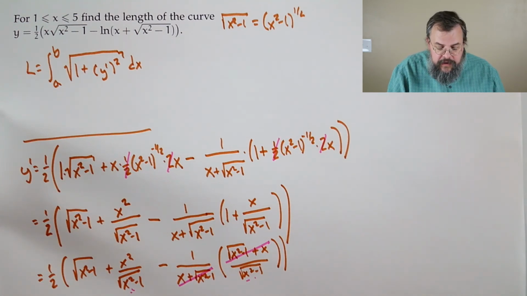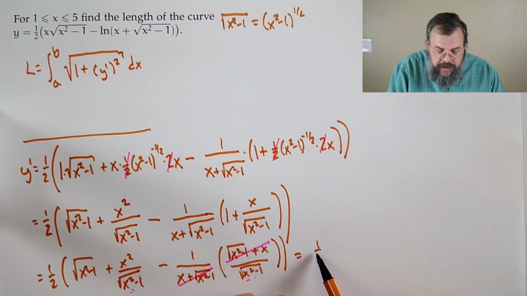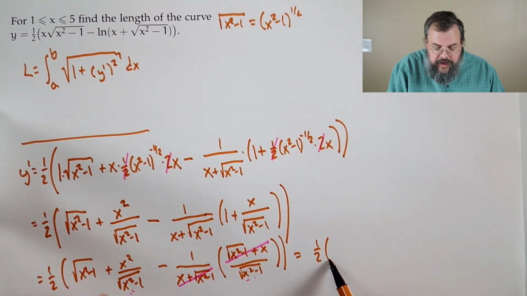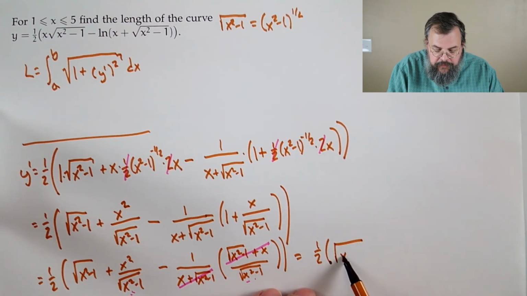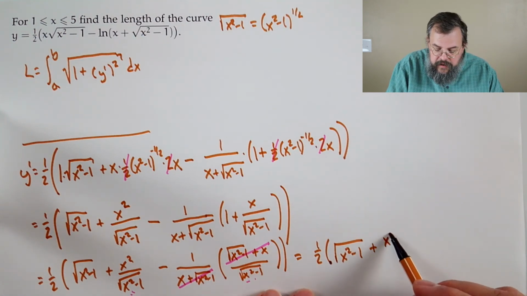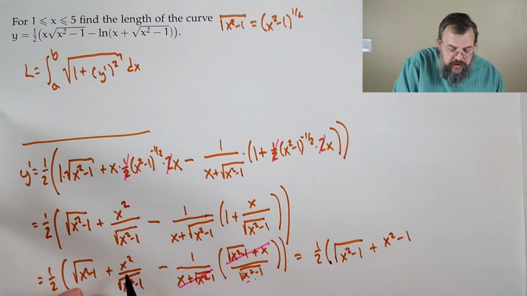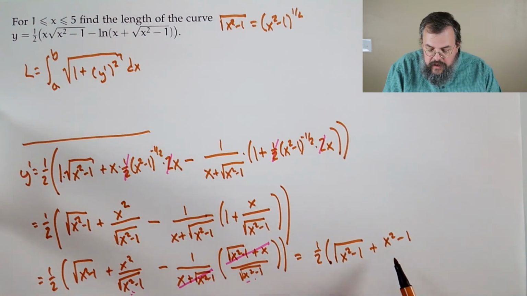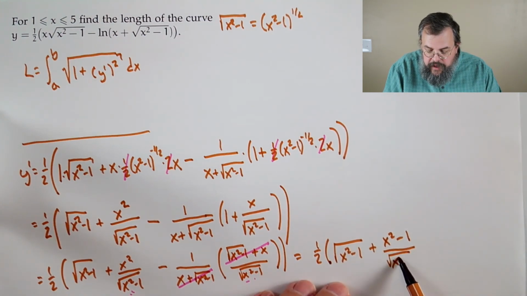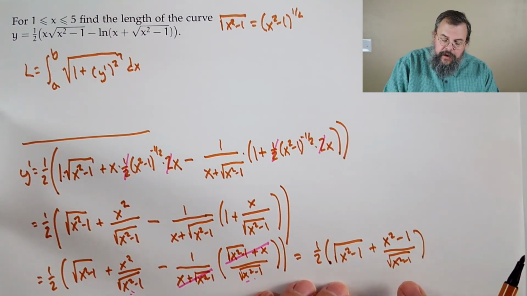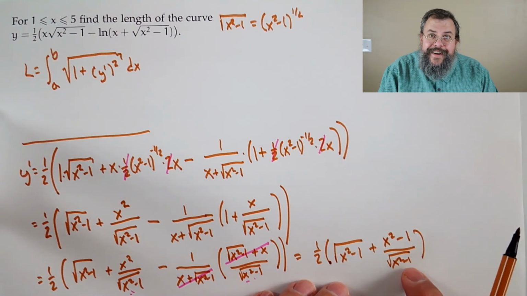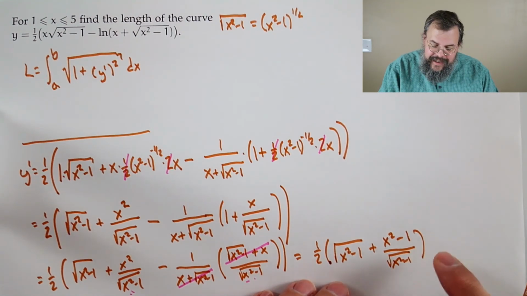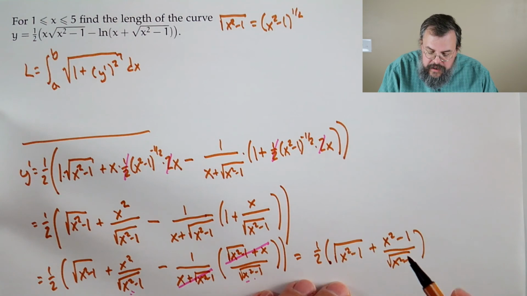So what do we have? Well, this is 1 half. There's the square root of x squared minus 1 there. Then plus x squared minus 1 over the square root of x squared minus 1. But wait. Look at this part. You see it? It's x squared minus 1 to the 1 upstairs, x squared minus 1 to the half downstairs.